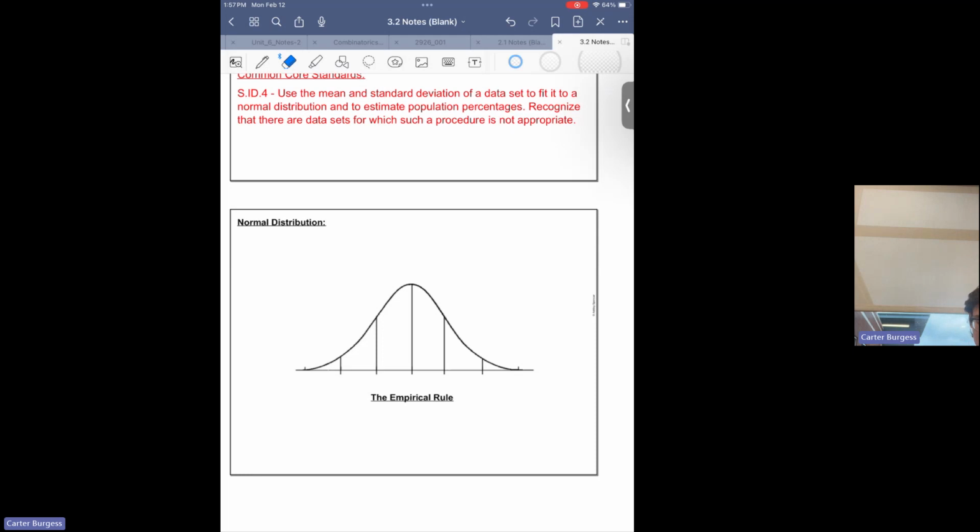So this is the distribution that you get if you have enough data.